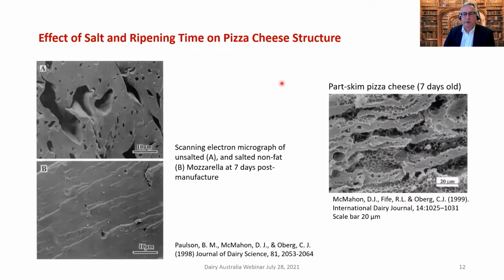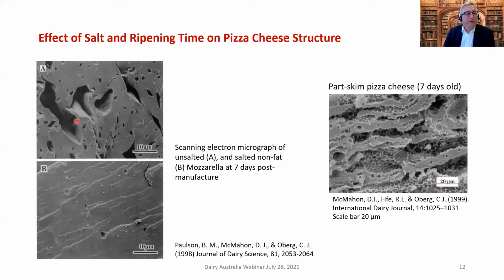Over time in mozzarella cheese, first of all, on the right here, we'll see those black channels I showed you before. This is what they look like under a scanning electron micrograph. Those little indentations you'll see here on the screen are where the fat globules push into the surface of the protein. All you'll see here is protein, and everything else has been taken out. So it's kind of like the shell of a pizza cheese.